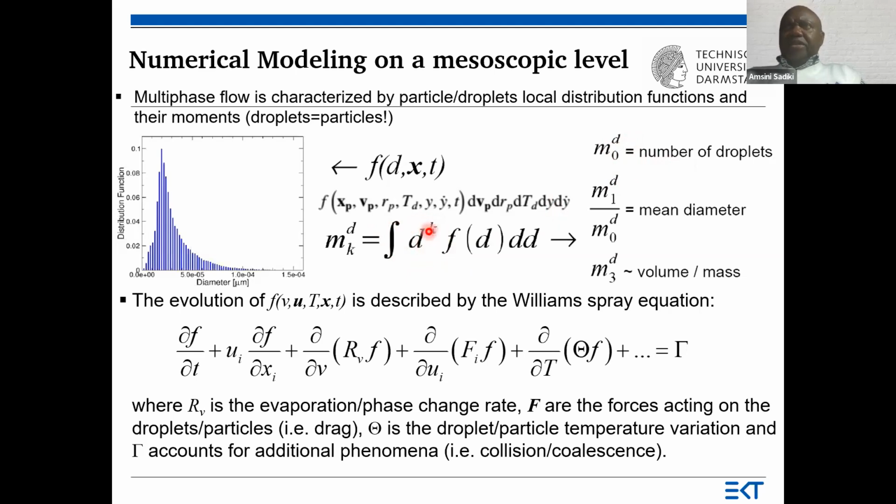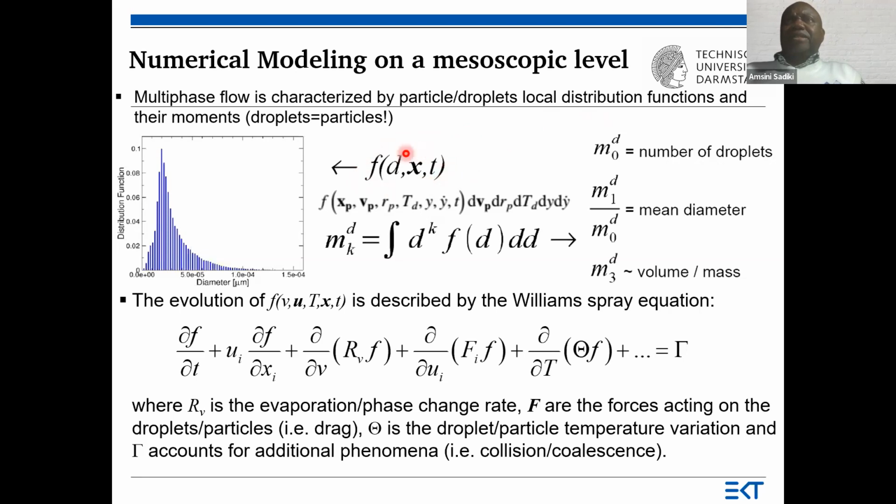If we have 3, then we have the volume, and we can also divide by the number of droplets, so we have the volume. So we will get different moments based on this distribution function. That means that the distribution function is a key quantity which helps us to define different moments of our spray or of our local distribution function.